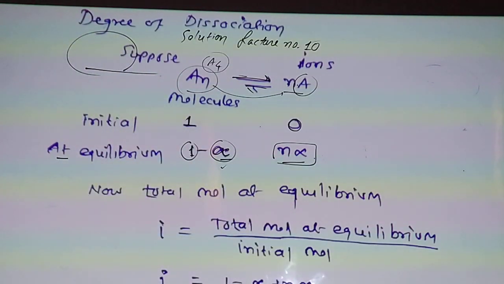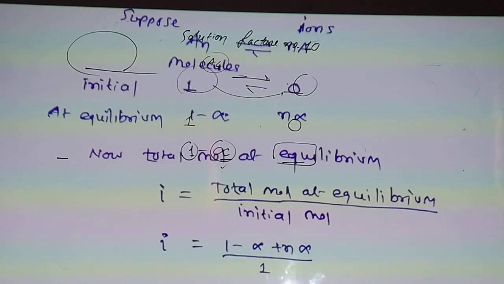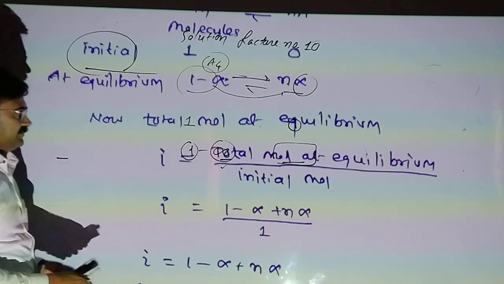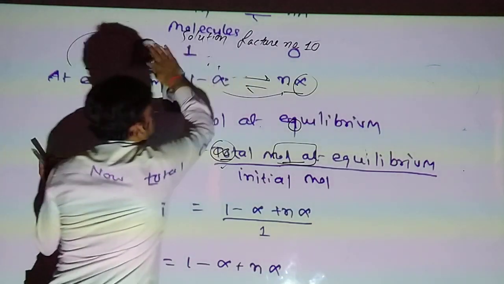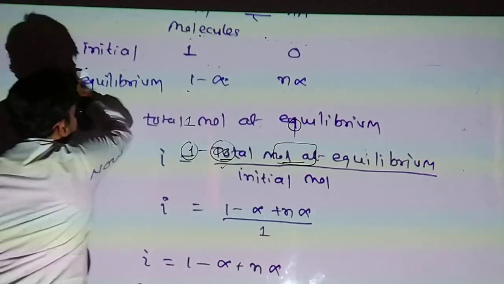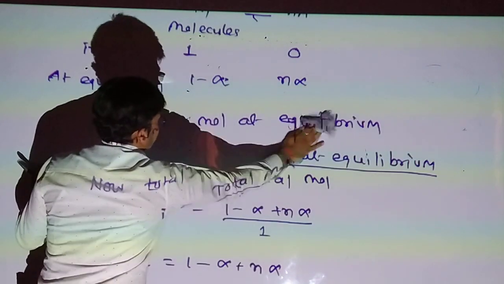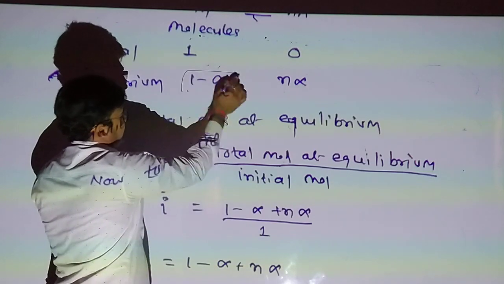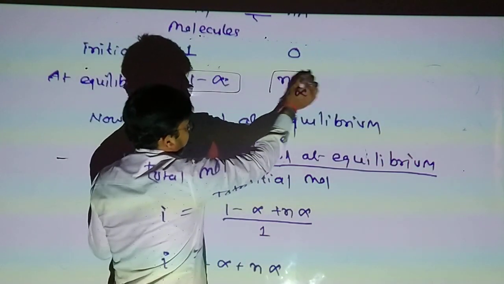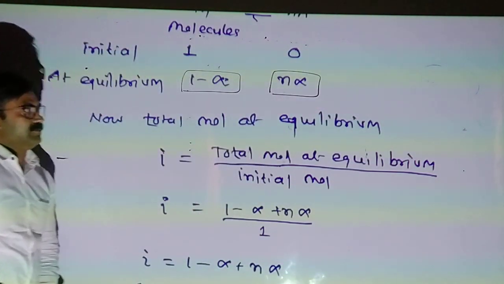Now at equilibrium, how much total moles are present? So we have to take addition of both remaining mole of reactant and derived mole of product.